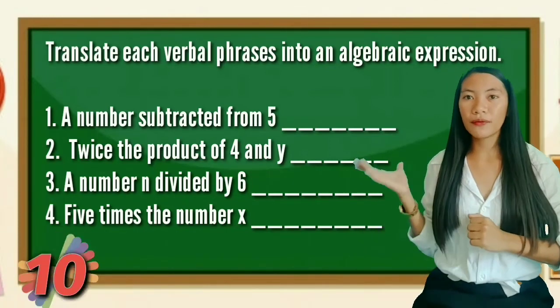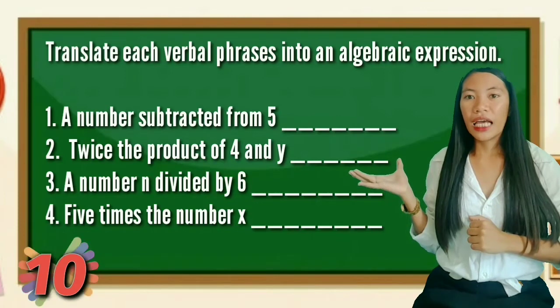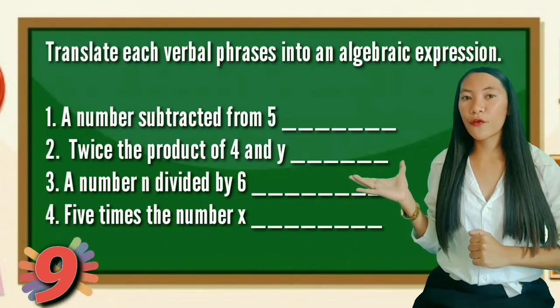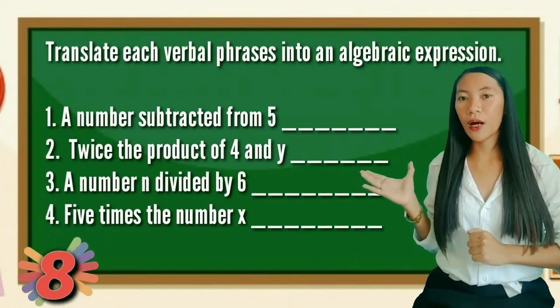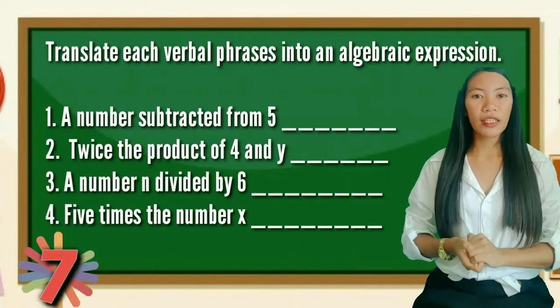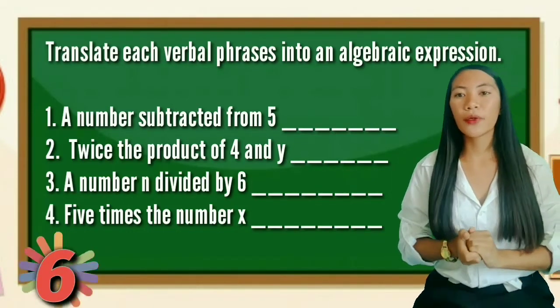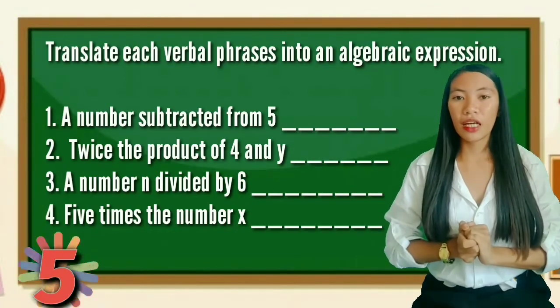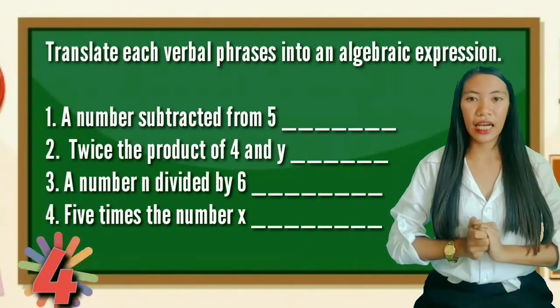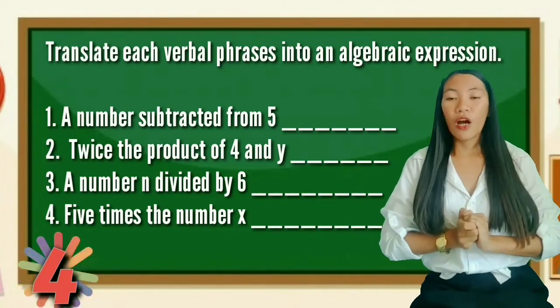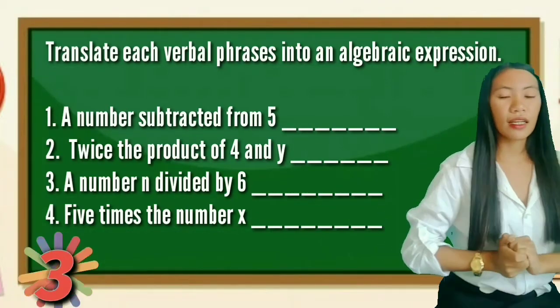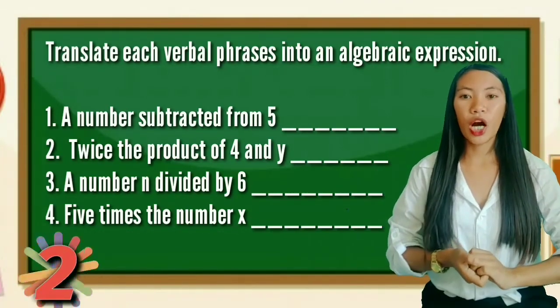So number 1. A number x subtracted from 5. Number 2. Twice the product of 4 and 1. Number 3. A number n divided by 6. And number 4. 5 times the number x.